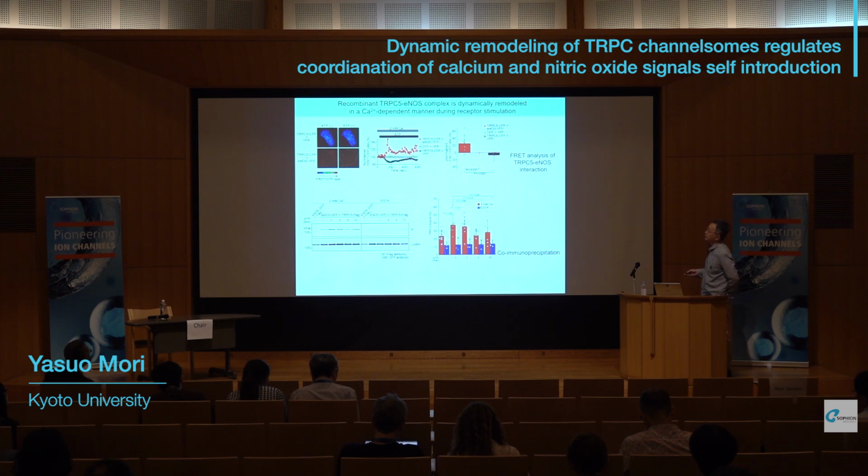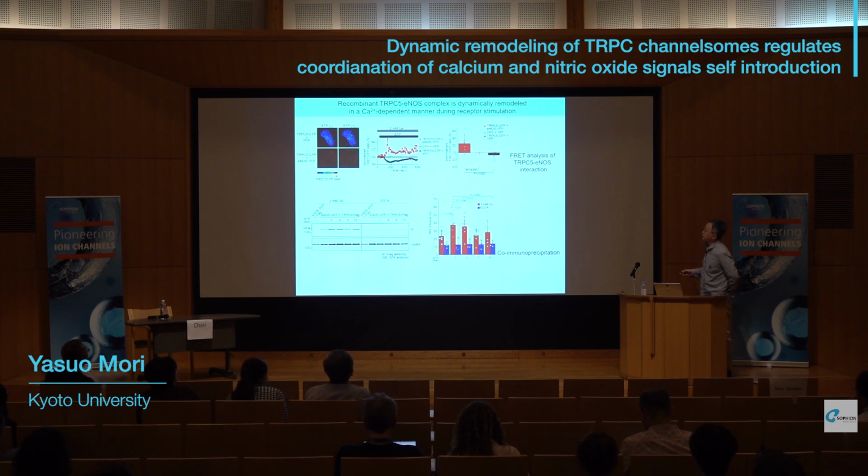Here we also looked at direct interaction of TRPC5-CFP and eNOS-YFP, as indicated by this red signal right here, upon ATP receptor stimulation. When these two components were co-expressed, there was a very nice initial transient increase in the interaction of TRPC5 and eNOS, which declined and reached a sustained level.